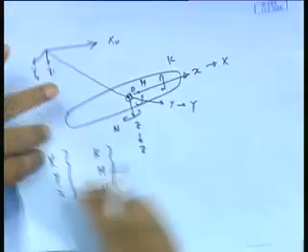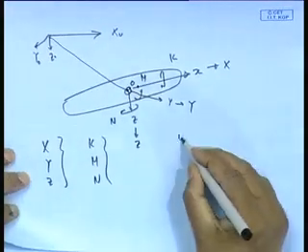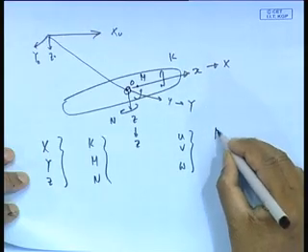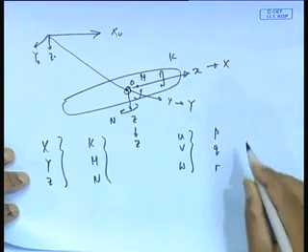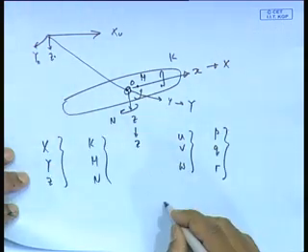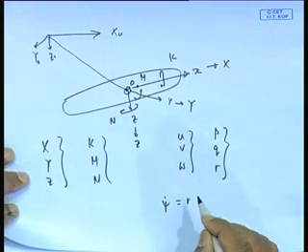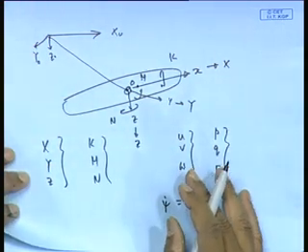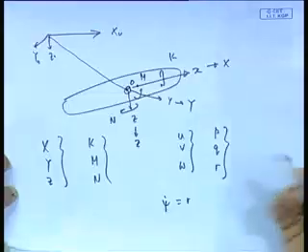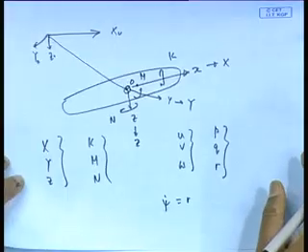Now, I will also tell you one thing: u, v, w are linear motion and p, q, r are called the rotational velocities. In our case, remember, psi dot is r, but it is not necessarily true for a general body, because the orientation is not the same, the z axis may not be the same. So there is again a different transformation there.